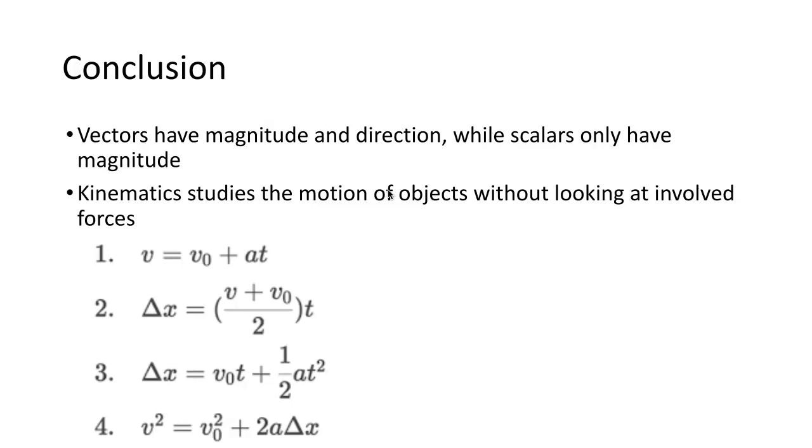We're just looking at how fast the object is moving and what is happening over a certain amount of time and distance, and we can use these four equations to help us solve different parts of the problem at hand, as long as we acknowledge what information we know and what information we need. With that in mind, I know that we can solve any kinematics problem that comes up on the MCAT. I wish you all the best, and thank you so much for watching this video.